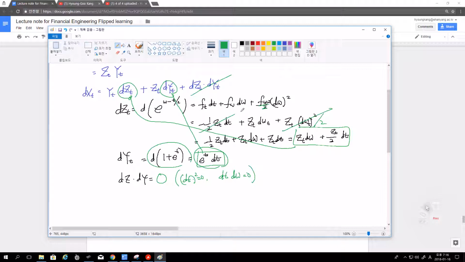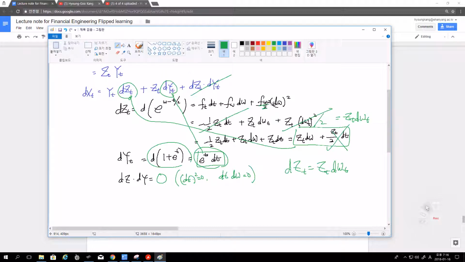So this one goes out. Actually there is no such term. This should be gt dwt. So actually dzt equals zt dwt.